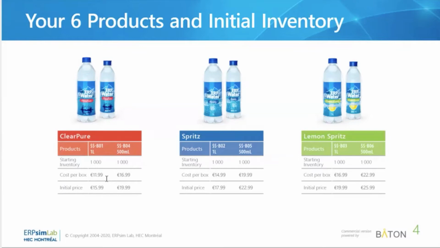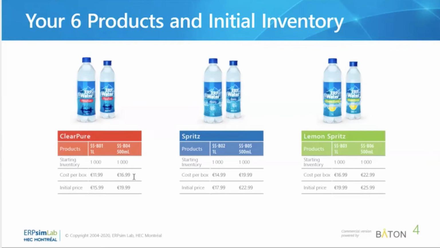Anyway, it's 12 euros. That's the 1 liter bottle, the bigger one. And surprisingly, the smaller one, the 500 milliliter bottle, is 16.99 euros. It might be because it has more bottles, and more touch has to be involved in small bottles. That's why it's more expensive.